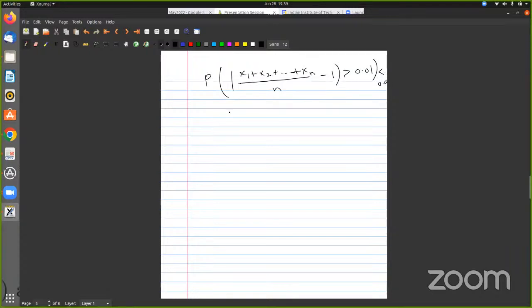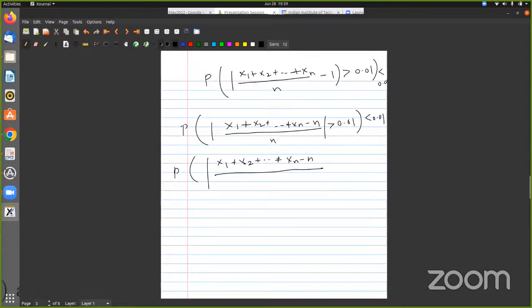Okay, so this n becomes the common denominator. How can that be done? So it will be x1 plus x2 up to xn minus n, divided by n, greater than 0.01, less than 0.01. Now the numerator will be as it is.